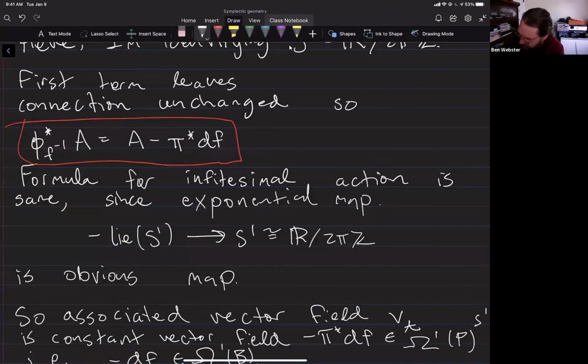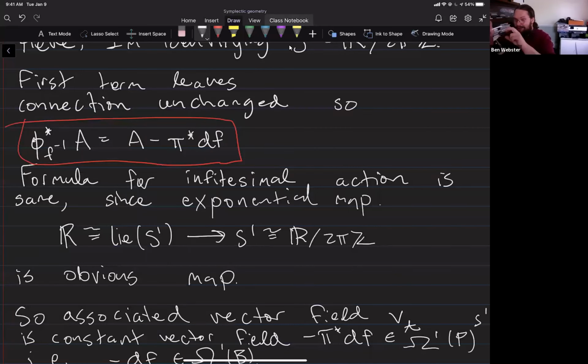First I'm going to note, since I'm thinking of S1 as R mod 2 pi Z, the exponential map is not an exponential. I got rid of it by writing S1 as R mod 2 pi Z instead of as unit length complex numbers that I would get by exponentiating i times that.